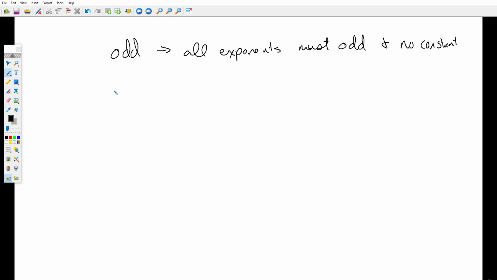If it's even, all exponents must be even, and it can have a constant.